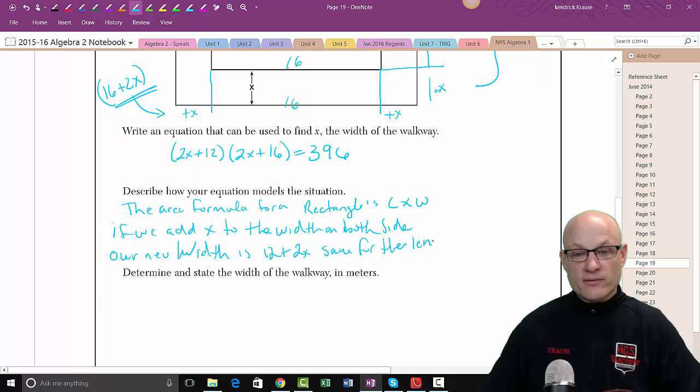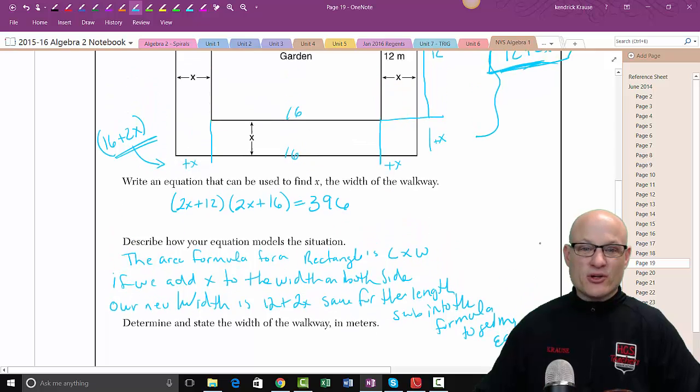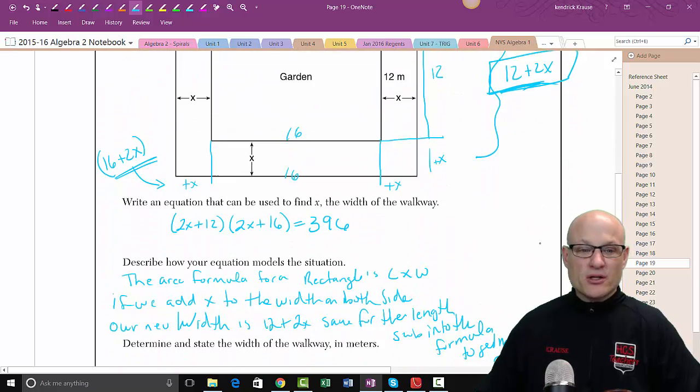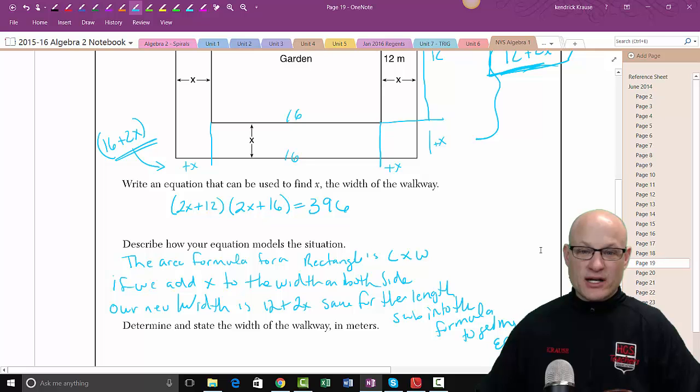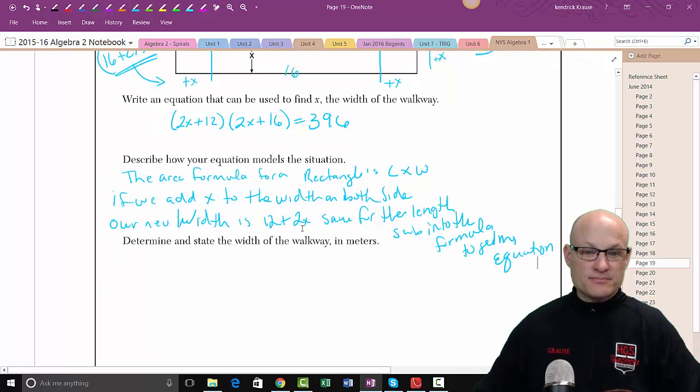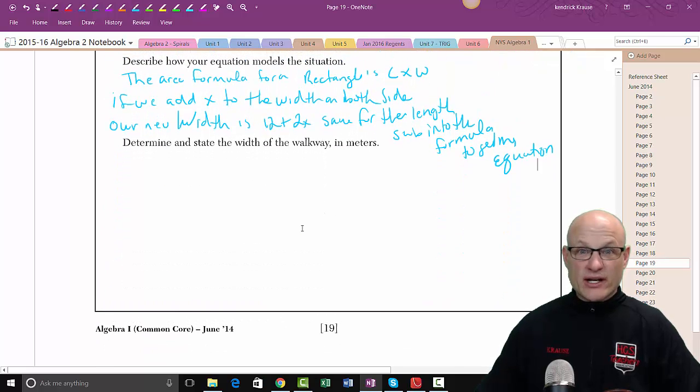Same for the length. Sub into the formula to get my equation. I'm not exactly sure what they're looking for. I mean, geez, you showed the work up here and described it. Well, okay, that's a kind of a description. I don't know. I think they're reaching kind of hard for that one.